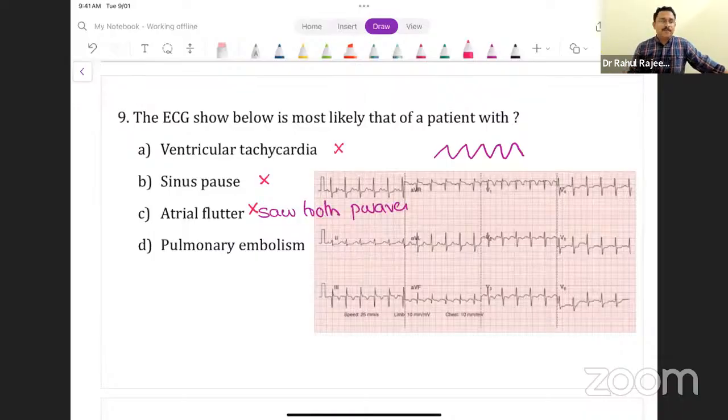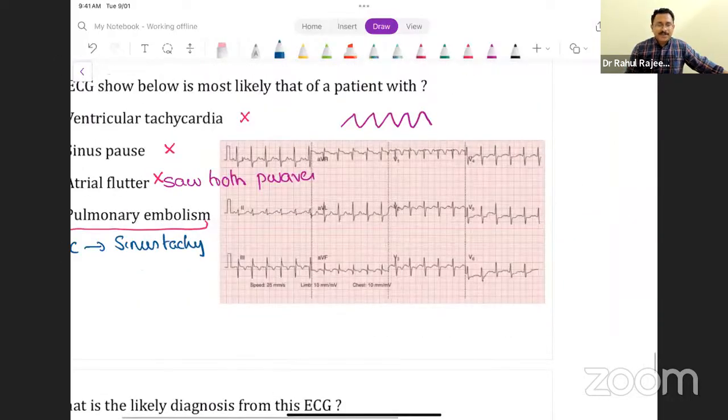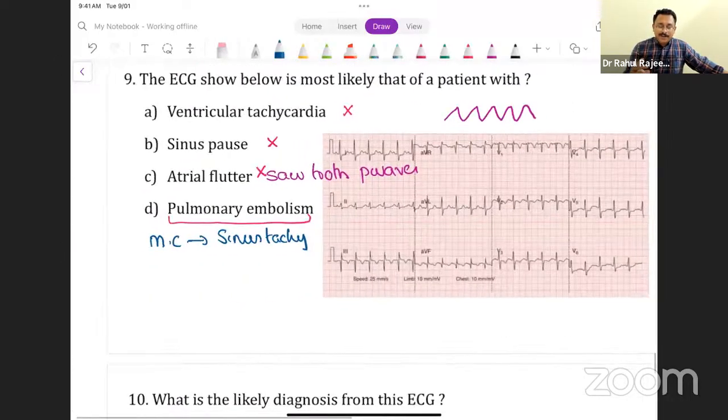Now, what is left? Pulmonary embolism. Now, in pulmonary embolism, what is the most common ECG finding? If the MCQ is what is the most common ECG finding in pulmonary embolism, the answer is sinus tachycardia. That is the most common. But obviously, that is not what you're seeing in the ECG. But what are you seeing here?